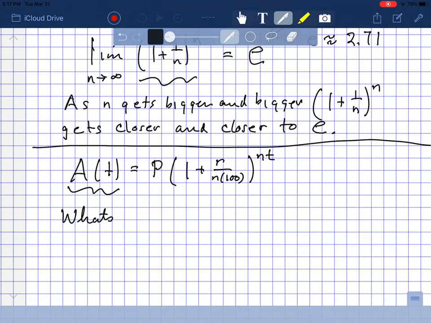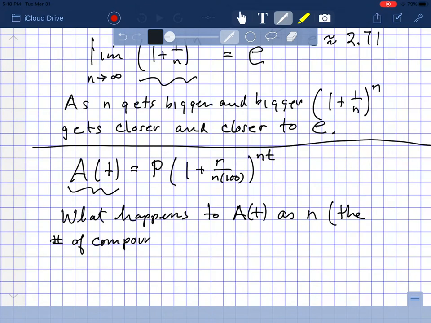So we want to know what happens to A of t as n, the number of compounding periods, gets bigger and bigger.